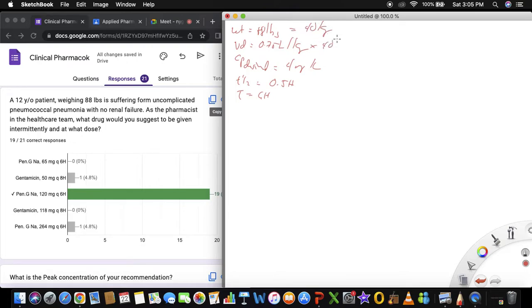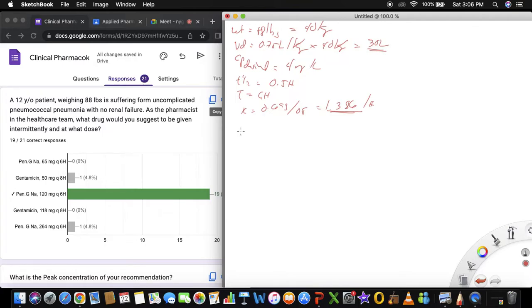Times 40 kilograms, cancel, times 0.75 gives 30 liters. CP desired. T1/2. So, K would be 0.693 divided by 0.5, which gives 1.386 per hour. Okay, so it is eliminated quickly.